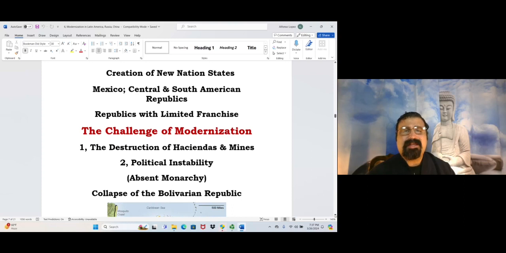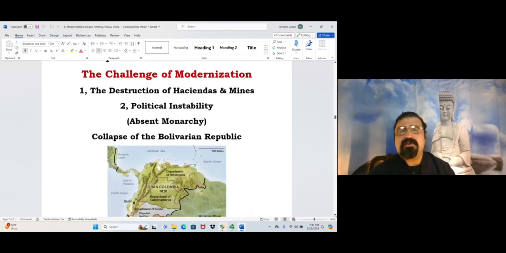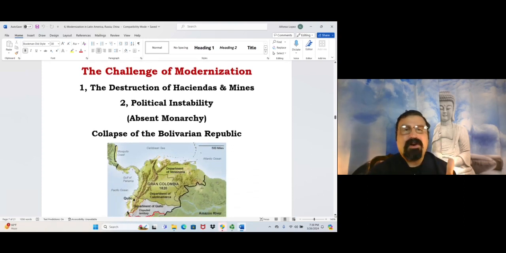those countries had yet another challenge, and the other challenge was modernizing. In other words, yes, they had established perhaps the very first structures for a liberal system of government, although quite limited, of course.